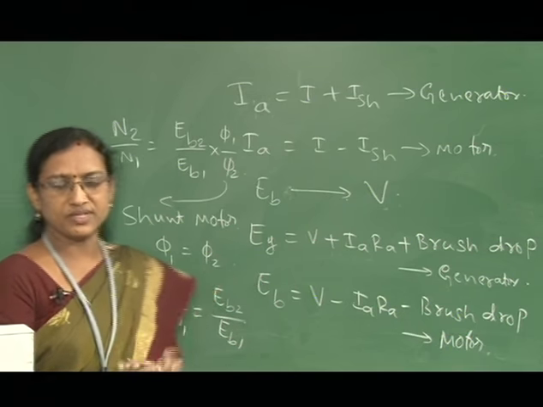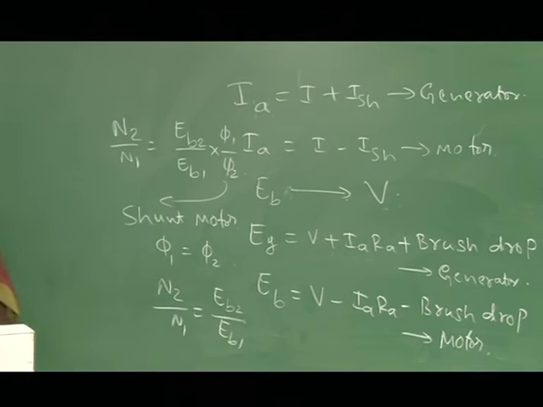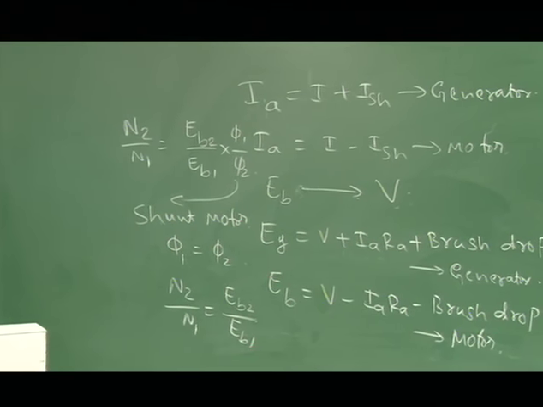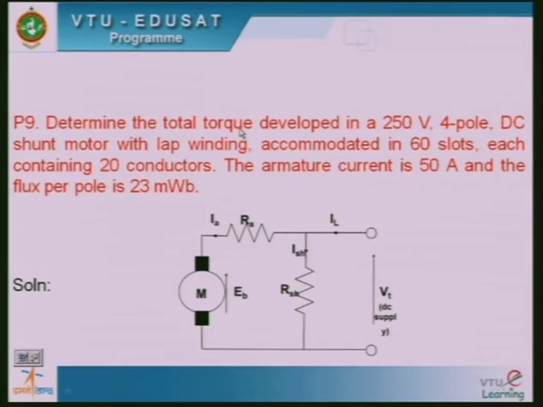Now, we will see how exactly we are going to solve the problem for torque equation. In this case, we have to derive the total torque. In the last class, I derived the equation for the torque. We have two types of torque, one is armature torque, another one is shaft torque. The armature torque developed is not exactly the same value at the shaft, it is lesser than the armature torque.